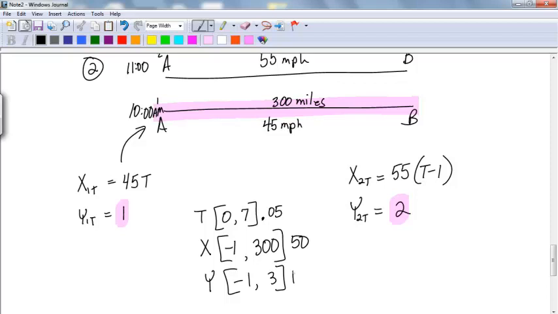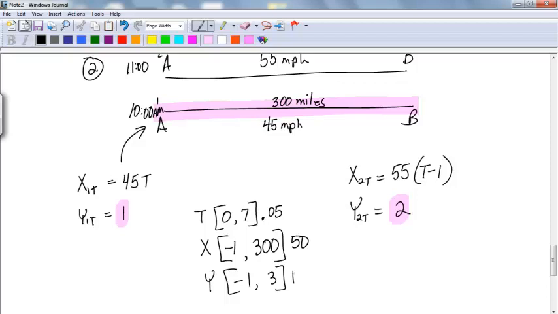Clear out the equations. In x sub 1t, let's put in 45t. You still use the X,T,theta,n key. Y sub 1t is 1. X sub 2t is 55 times the quantity t minus 1, because it was out there 1 hour less. And then y sub 2t is 2.